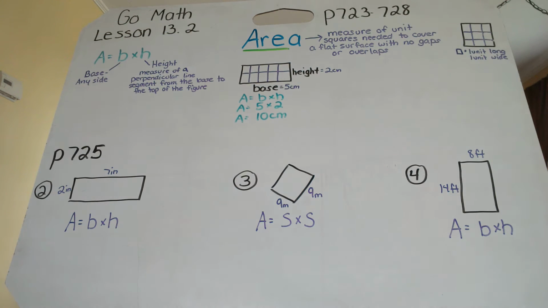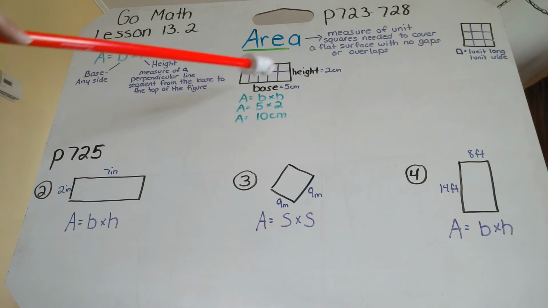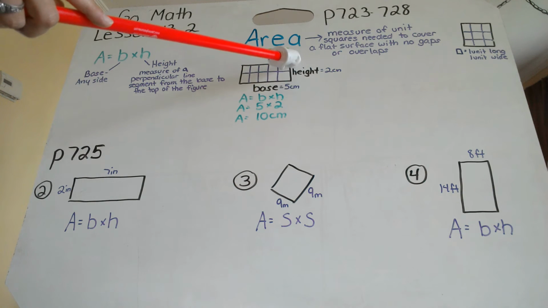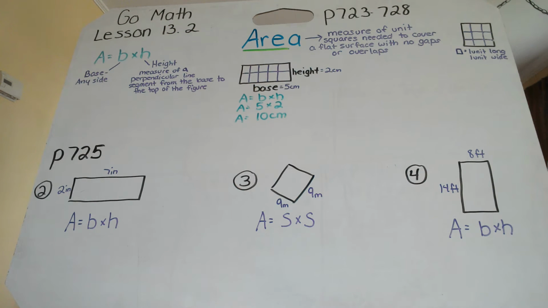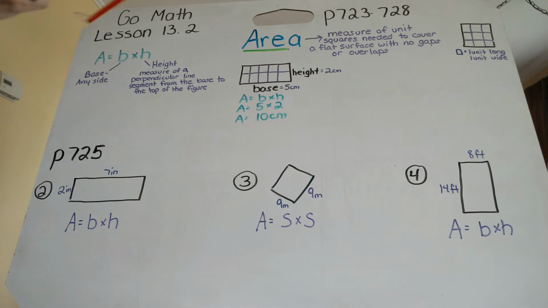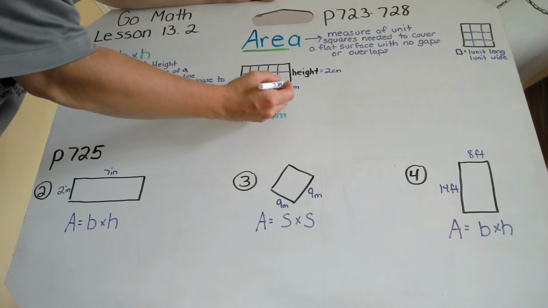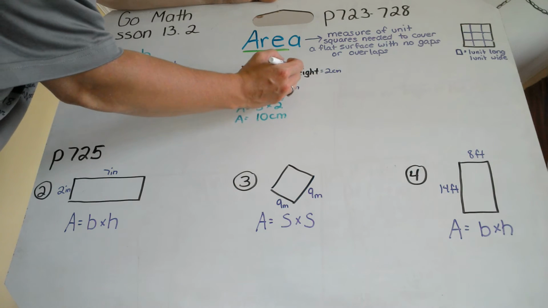And I'll show you how you would figure that out looking at our next example. So right here, I have a rectangle, and here's my base, and here's my height, okay? When it says perpendicular, this is what it means. So if this was my base right here, I'm telling you that's my base.